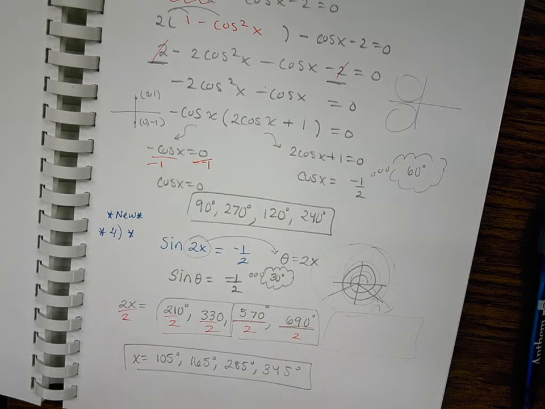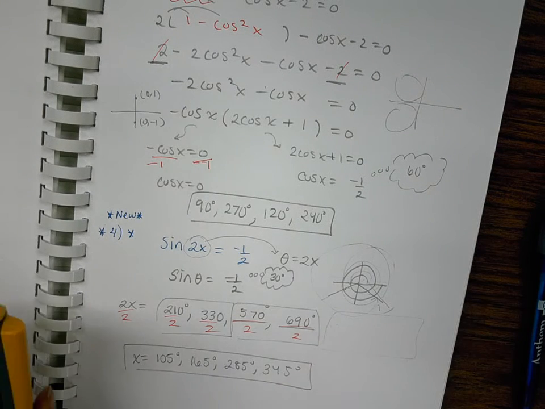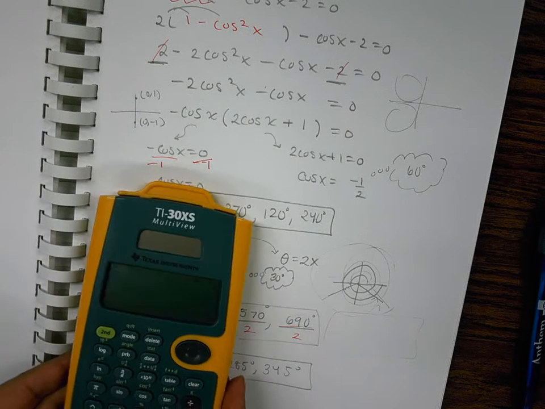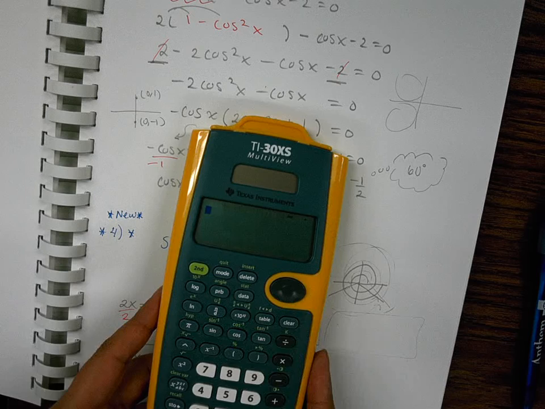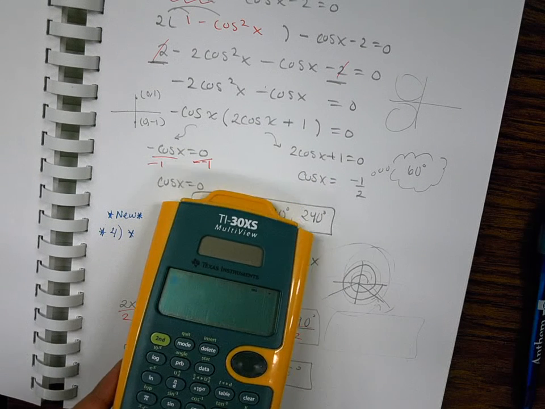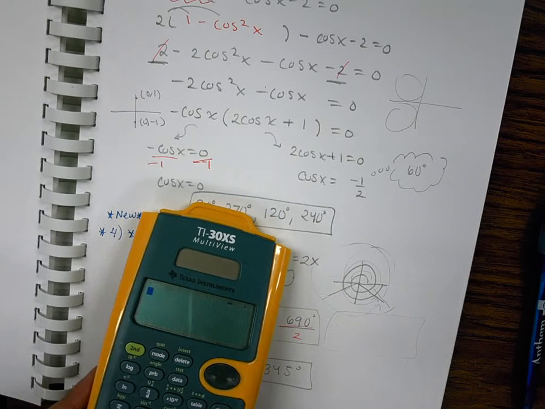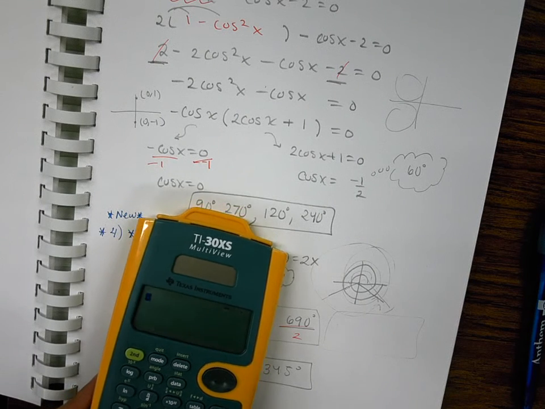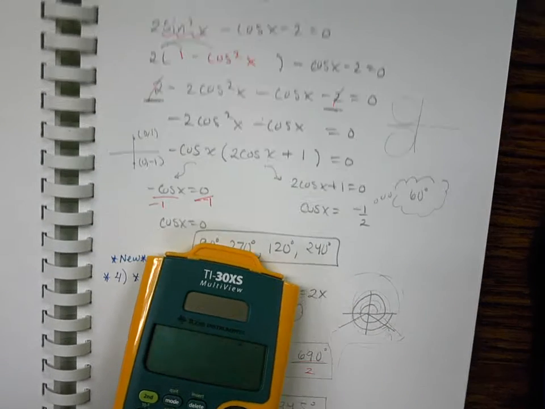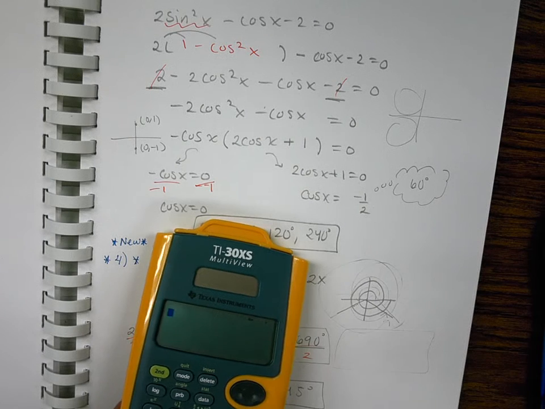Now if you were to plug these into your calculators, I know we don't use these, but I just want to show you that it really does work. See if I can get this on screen. Whatever reason it is not wanting to come in.